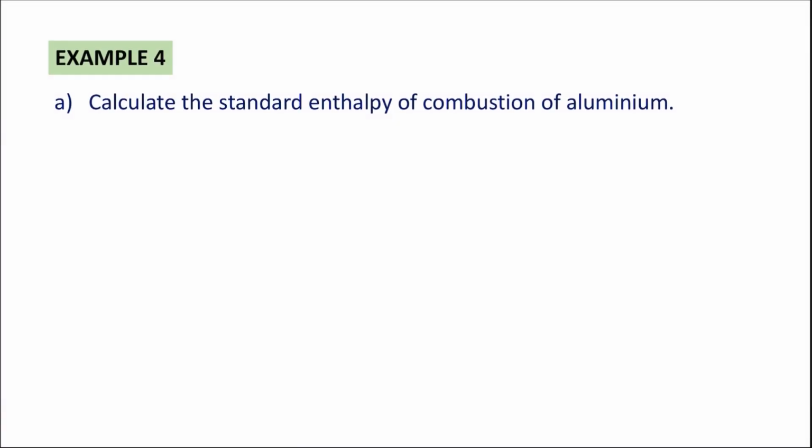So untuk soalan A, dia minta calculate standard enthalpy of combustion for aluminium. So kita dah diberi equation, pastikan equation ni balance dahulu. So awak dah ada equation ni sudah balance. So daripada equation, awak boleh nampak relationship antara dua benda yang kita nak cari. Ini yang kita nak cari, ini yang kita ada.